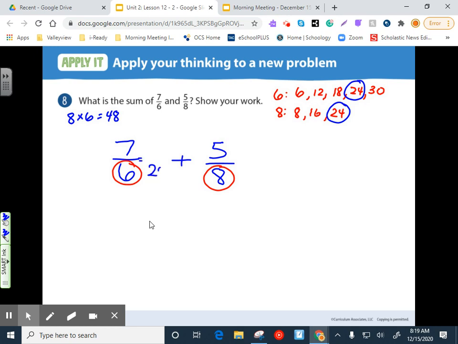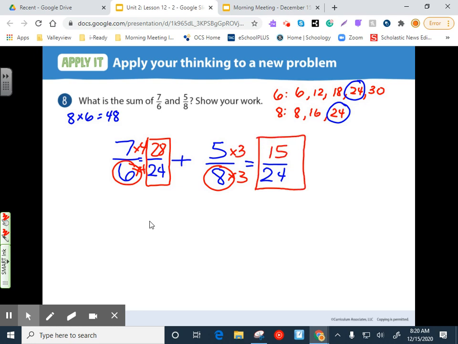All right, so here is equivalent fraction. I know 6 times 4 gives me 24. So 7 times 4 is 28. And I know 8 times 3 is 24, and so 5 times 3 is 15. Which gives us 28 24ths plus 15 24ths.